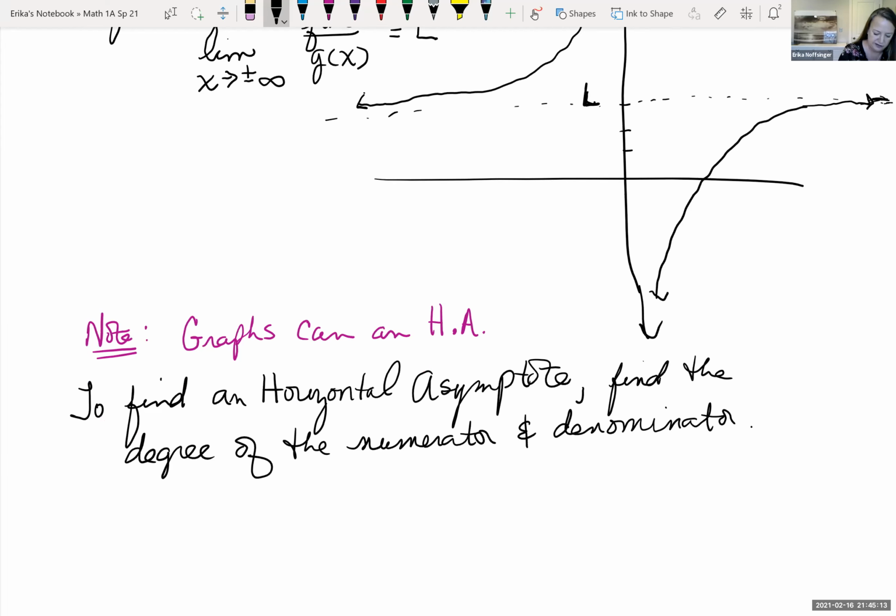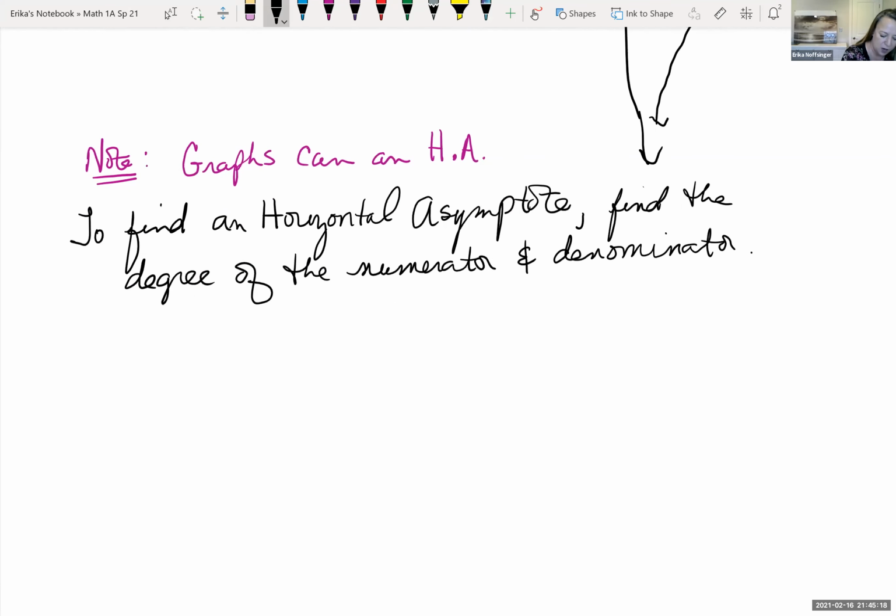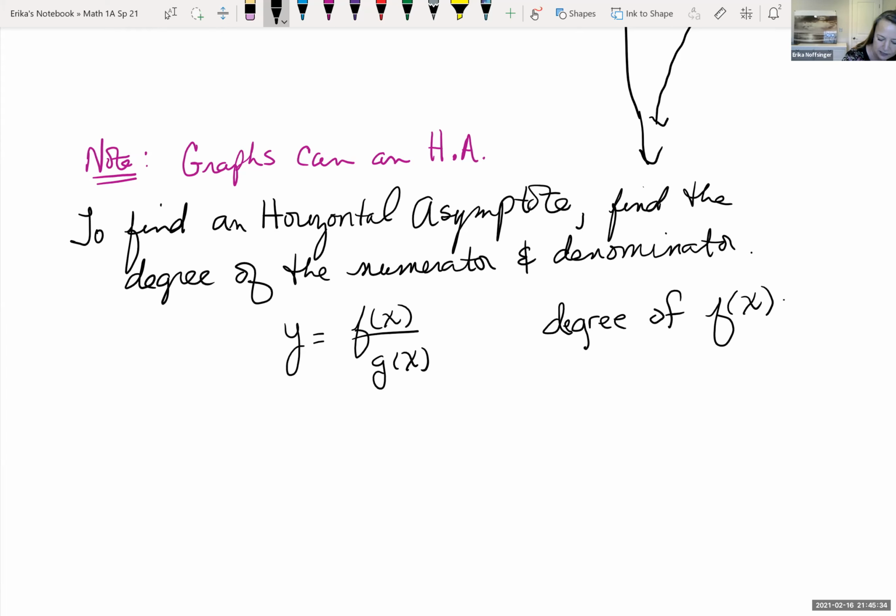Okay, so just so we don't have to write this out each time, let's say y was equal to some function f of x all over some function g of x. Let's say the degree of f of x is equal to n.